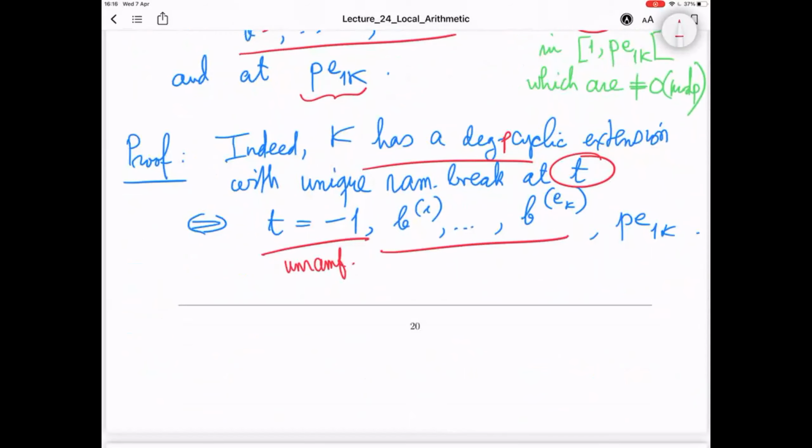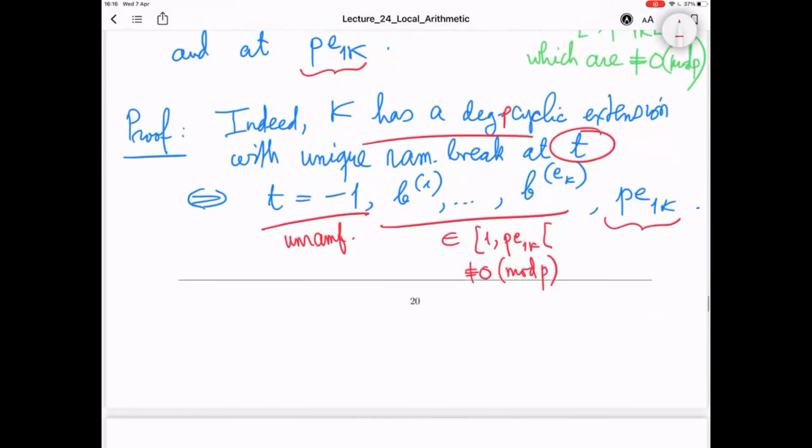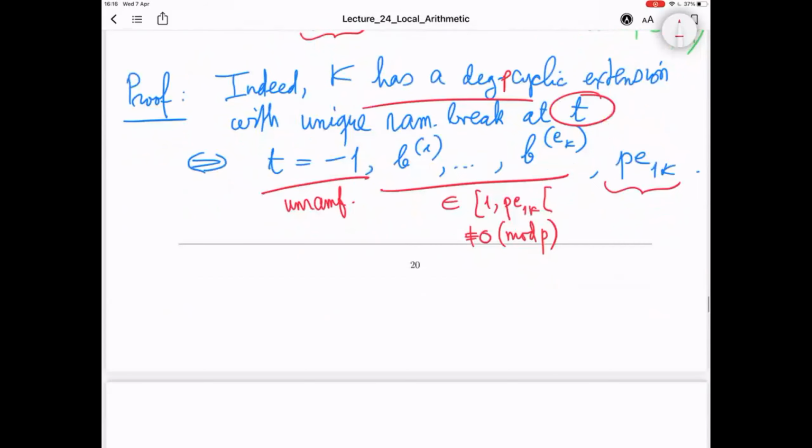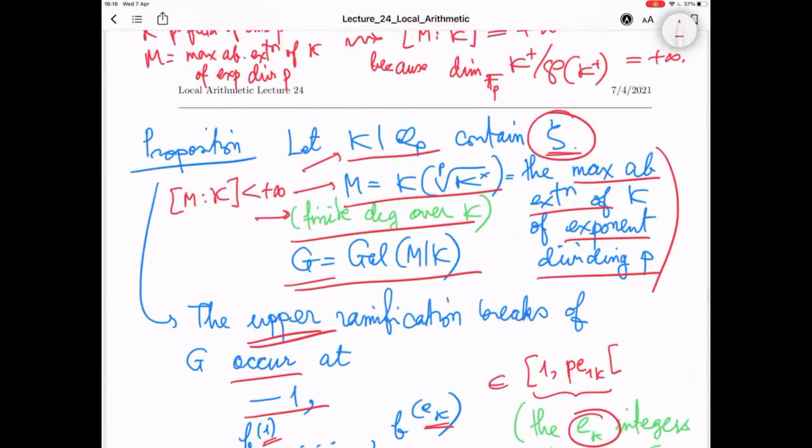Or it's one of the integers between 1 and pe_1/(p-1) which are prime to p, right? Or it could occur at pe_1/(p-1) itself. This last one, because zeta is there in K.